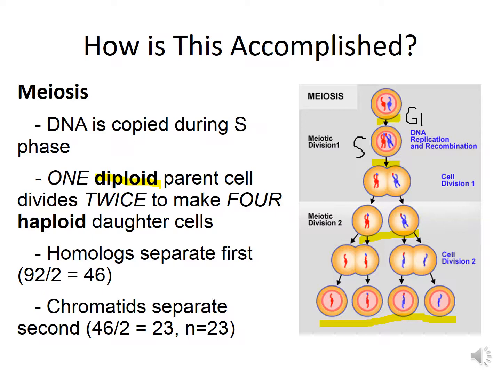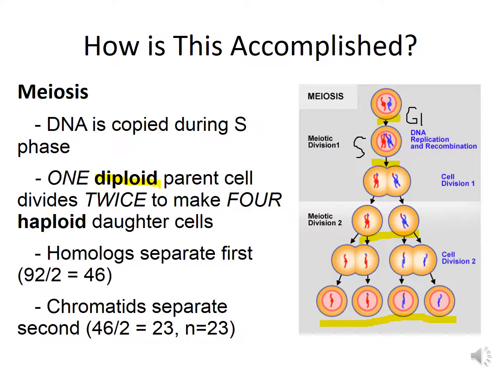Now, why are they haploid? Well, let's think about this. If we start out in G1 with 46 chromosomes, and those chromosomes get copied, we are going to have 92 chromosomes before division begins.